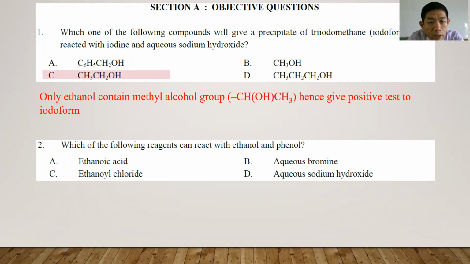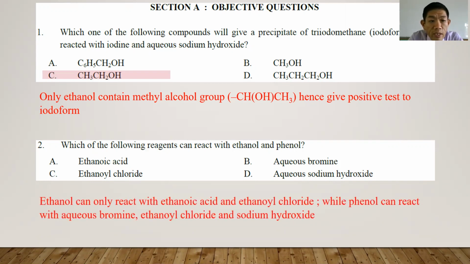C, ethanoyl chloride, can react with both ethanol and phenol, and it is better than ethanoic acid when reacting with phenol. Finally, aqueous sodium hydroxide: ethanol cannot react with sodium hydroxide, but phenol can. So the best answer for question number 2 is also C.